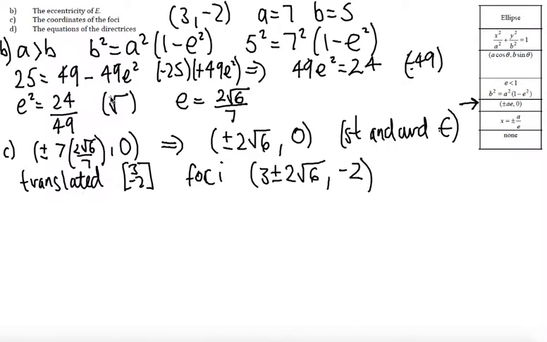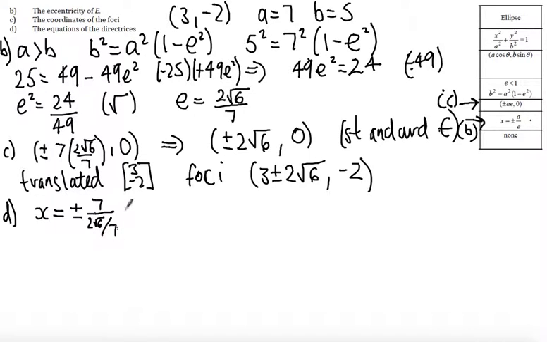Okay then, finally, the equation of the directrices. We'll state the equation of the standard directrices. So let's label this part C, so it's clear, and this will be part D. So the equation of the standard directrices is x equals plus or minus a, which is 7, over e, which is 2 root 6 over 7.